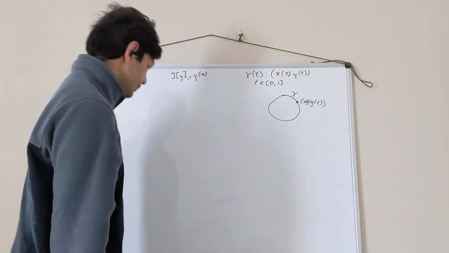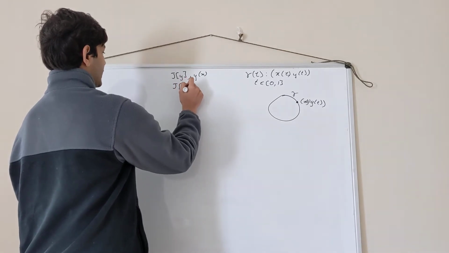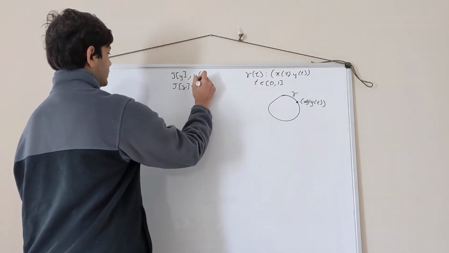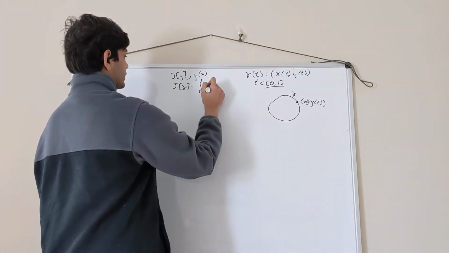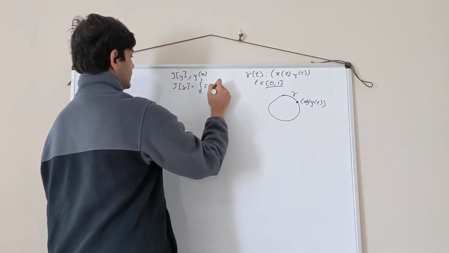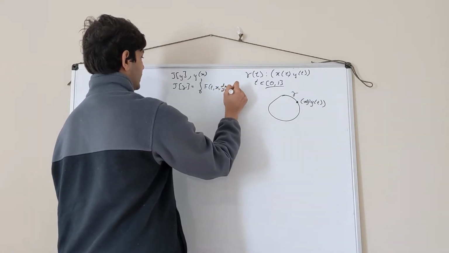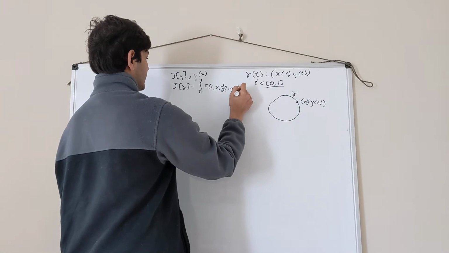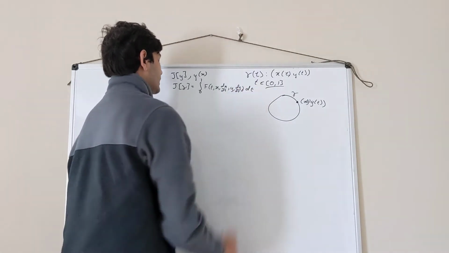And so we'll have functionals J of gamma, which in general will look like the integral from 0 to 1, or whatever your domain range is, of f of t, x, dx/dt, y, dy/dt, dt.